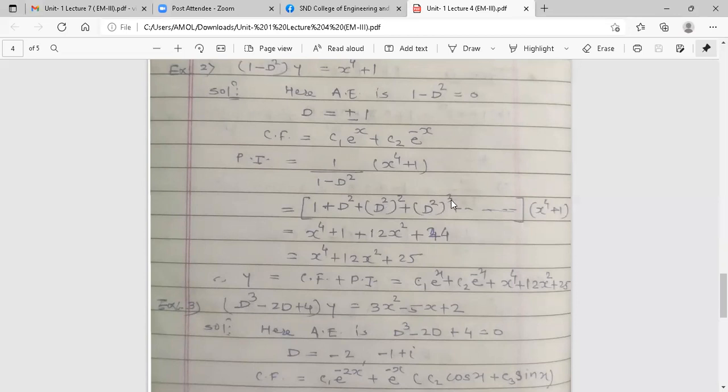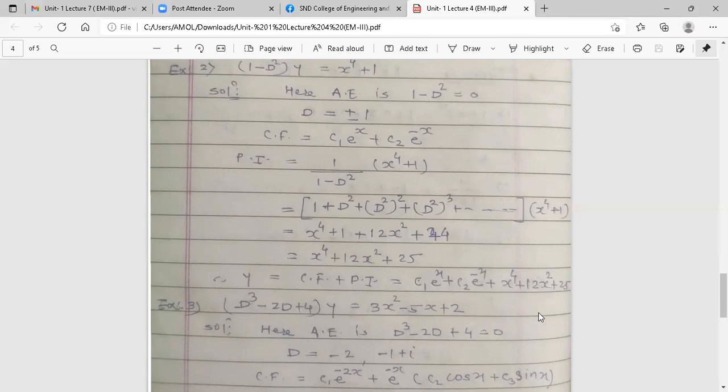(D square) cube, D square raised to 3, means D raised to 6, and the sixth derivative of this function is 0. So you count the terms up to D raised to 4. Simplify it, and the term is x raised to 4 plus 12x square plus 25. And so the general solution is y is equal to CF plus PI. So this is the answer.